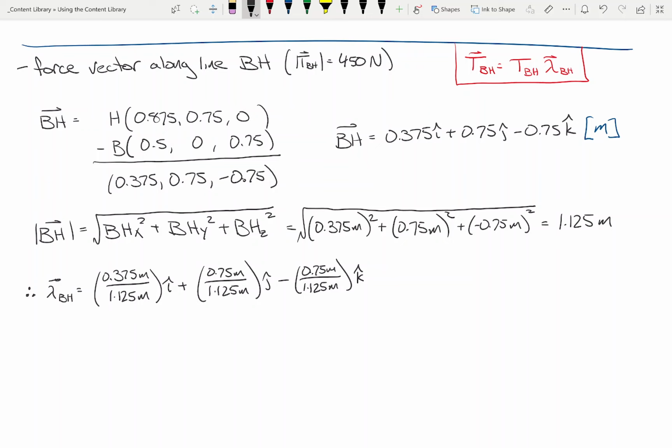And that divided by that is going to be, what, a third? This is 2/3, that's 2/3, right?